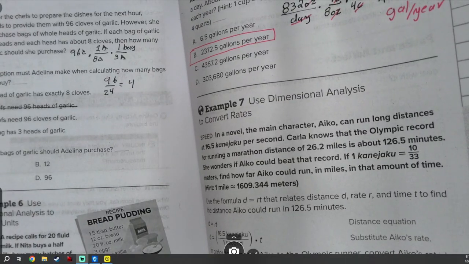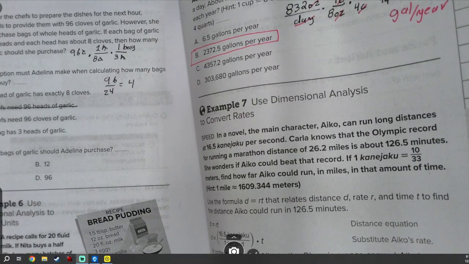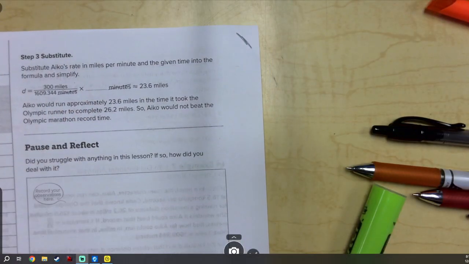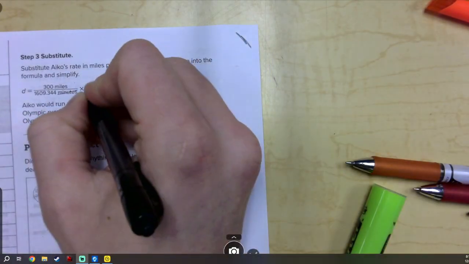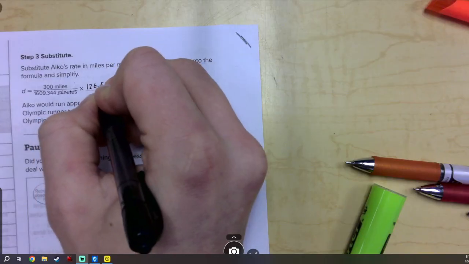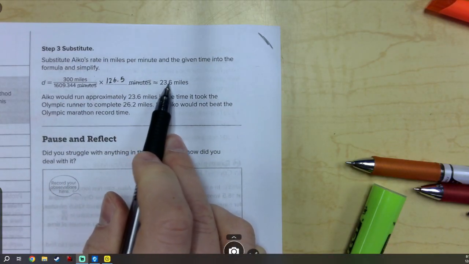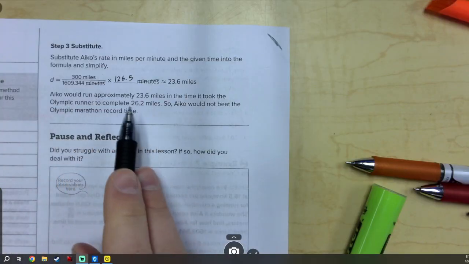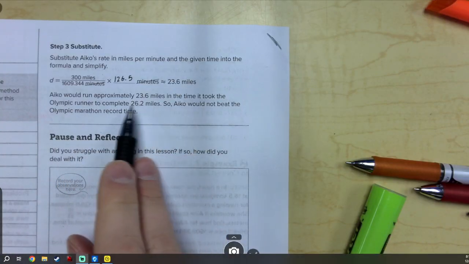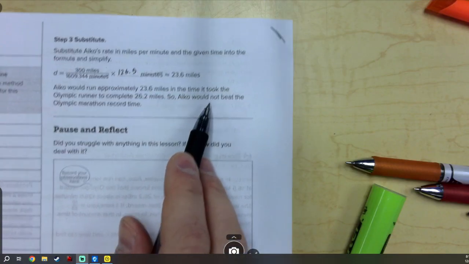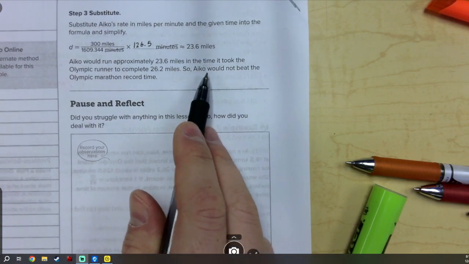So we're going to convert that to see in 126.5 minutes how far they're going to go. And this gets us down to 26.3 miles. So Aiko would run about 26.3 miles in the time it took the Olympic runner to complete 26.2 miles. So Aiko would not beat the Olympic runner in the marathon.